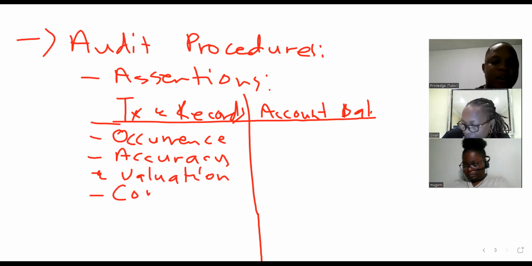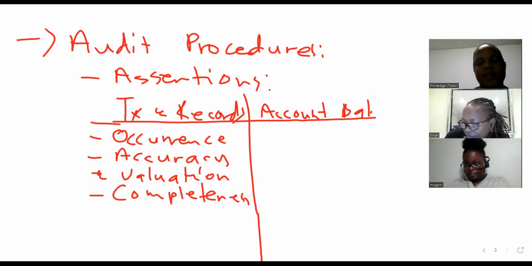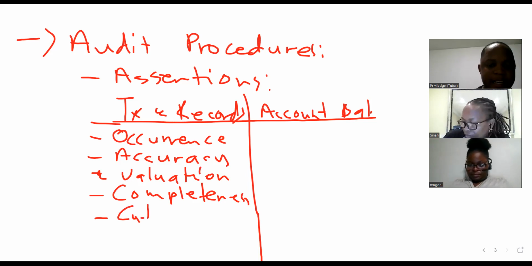One of the other things you'd want to check, still dealing with transactions and records, is to test for completeness of the transactions pertaining to assertions and records. You'd also want to confirm whether the transactions that have been recorded fall within the appropriate accounting period, and we call that the cut-off assertion.